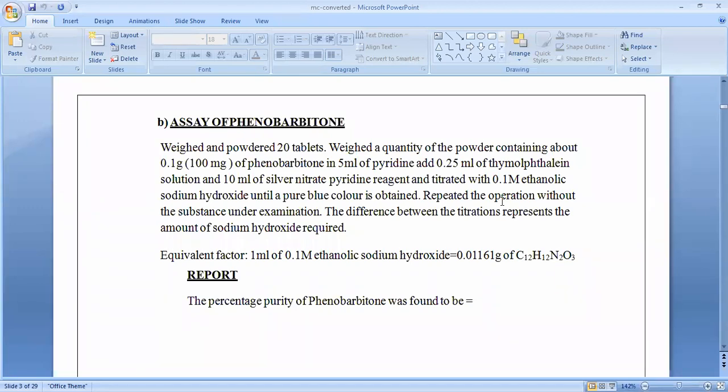The equivalence factor for the calculation of percentage purity is that each ml of 0.1 molar ethanolic sodium hydroxide solution is equivalent to a certain amount of phenobarbital in the drug.